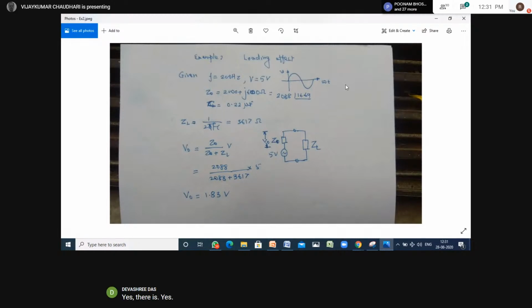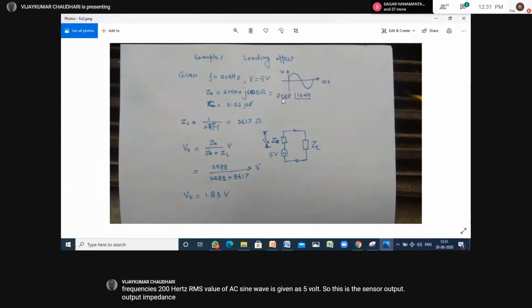The frequency of the output signal, it's AC and the frequency is 200 hertz. The RMS value of the AC sine wave is given as 5 volt. So this is the sensor output. The output impedance of the sensor is given as 2000 plus j600 ohm. So in polar form it will be 2088 angle 16.69 degrees ohms.